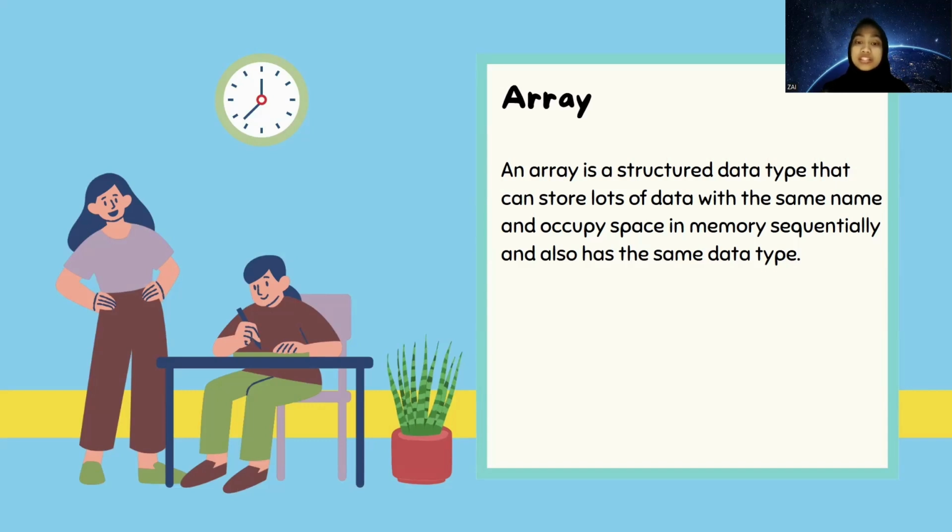An array is a structured data type that can store multiple pieces of data with the same name, occupying memory locations sequentially, and having the same data types. An array is a variable that represents a list or collection of data with the same data type. Each piece of data in the array occupies a different memory address known as an array element.